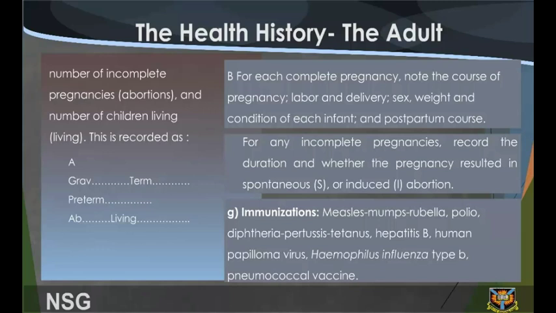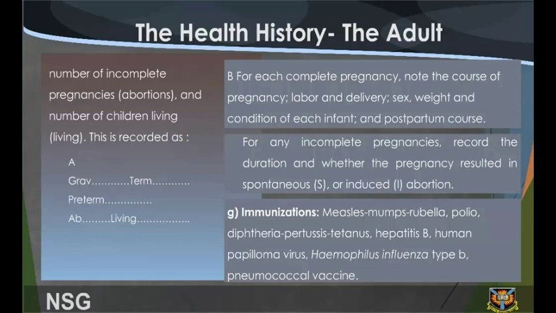For each complete pregnancy, note the course of pregnancy, labor and delivery, sex, weight, and condition of each infant, and postpartum course. For any incomplete pregnancies, record the duration and whether the pregnancy resulted in spontaneous or induced abortion.